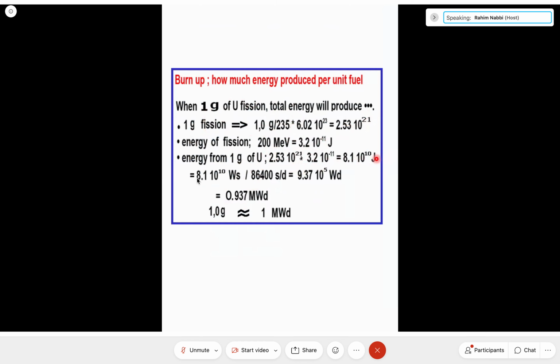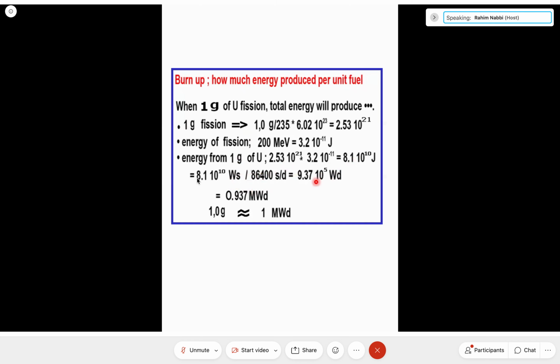uranium-235 is fissioned. So, joule means watt second here, and then if you divide it by the conversion factor between second and day, you get the result in watt day. It was watt second, now it is watt day.